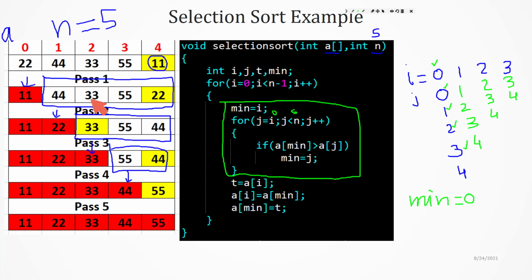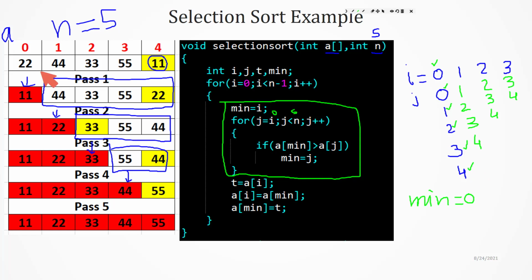A of min is A of 0, 22 greater than A of 3. Sorry, A of 3 is 55. 22 greater than 55 is false. So it will not execute. Then j equal to 4.